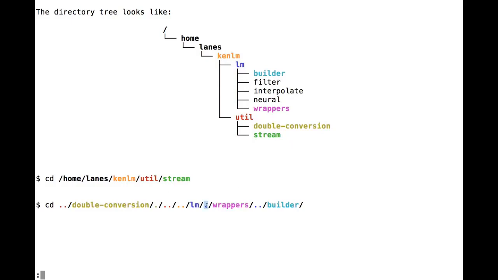And because dot, which we see here in blue, refers to the current directory, ../double_conversion/../../lm/. refers also to lm.